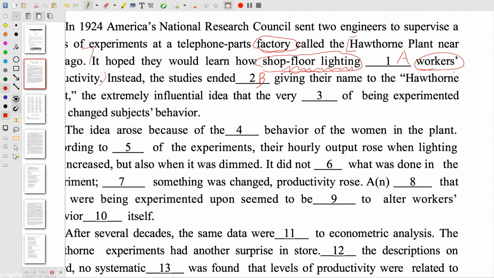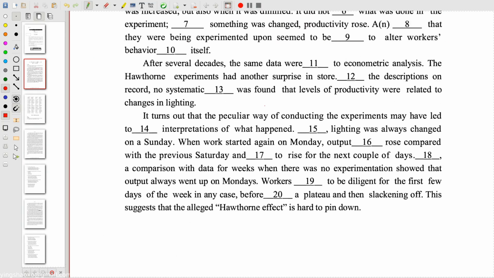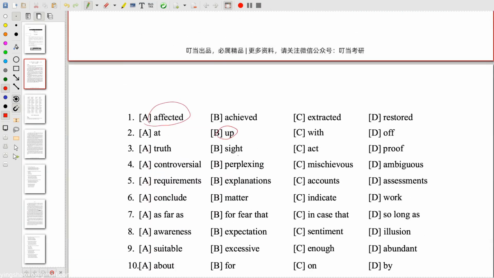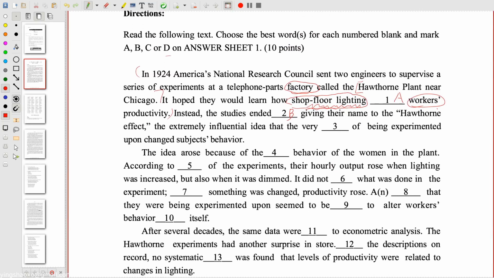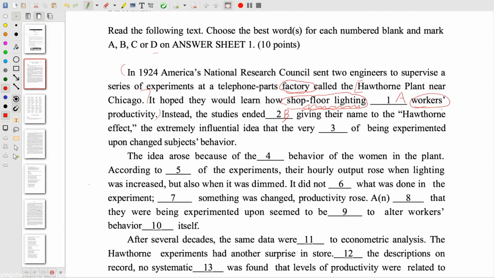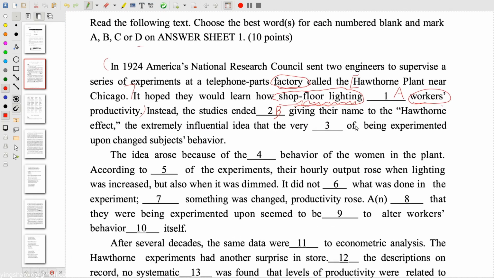Let's take a look at the choices that we have: choose, sign, act, prove. I have no idea about that. Let's take a look at the sentence again. I still couldn't understand that.